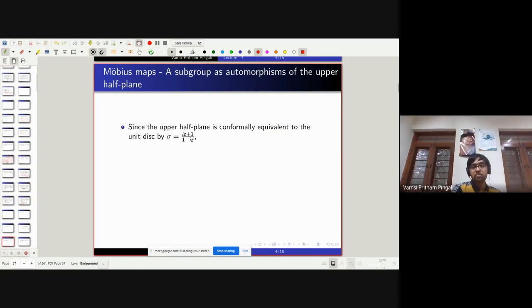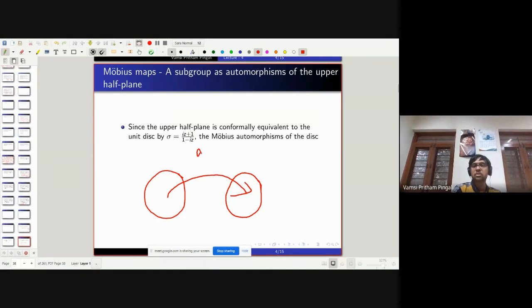By using this particular conformal map, the Mobius automorphisms of the disk, what does that mean? What are all the Mobius maps that take the unit disk to itself? You don't have to work this out separately because you already know what are all the Mobius maps that take the upper half plane to itself.